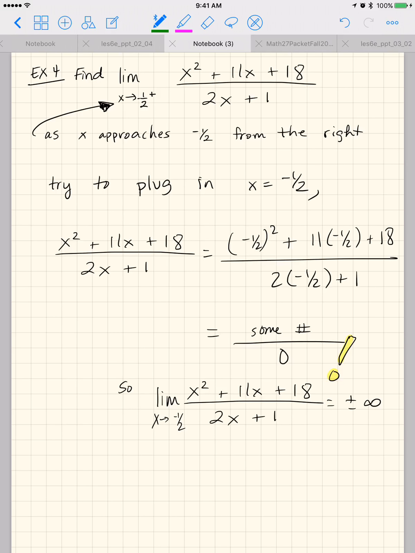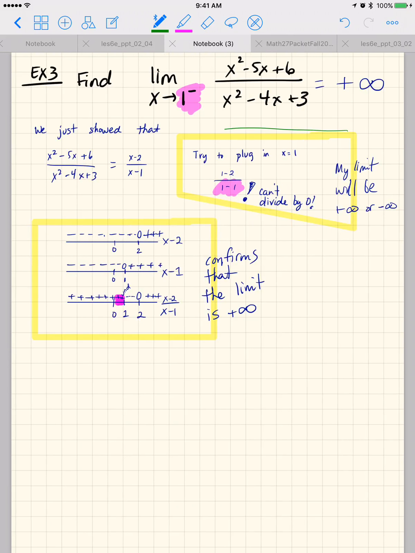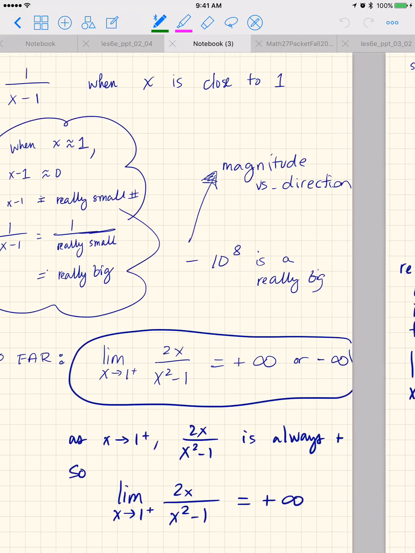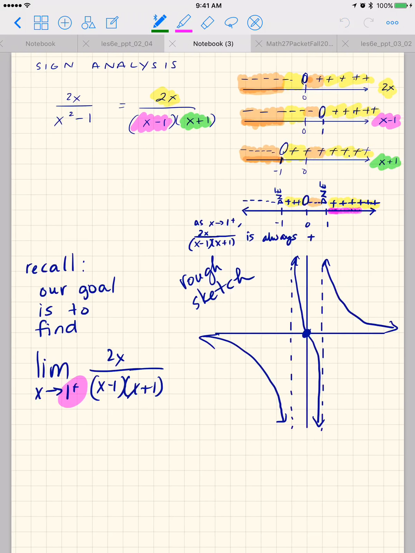This approach of trying to plug in is the same approach I used back here, where I looked at really big, really small.